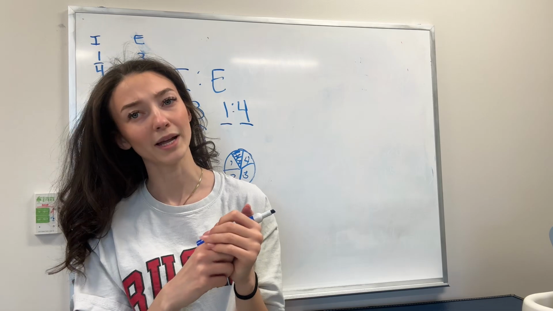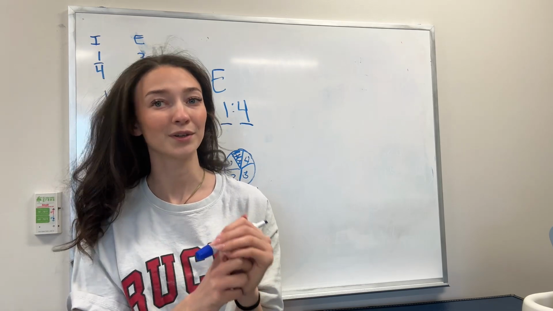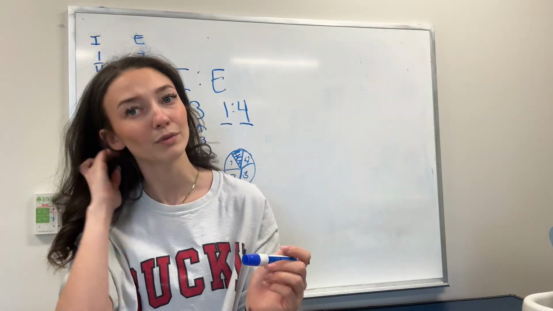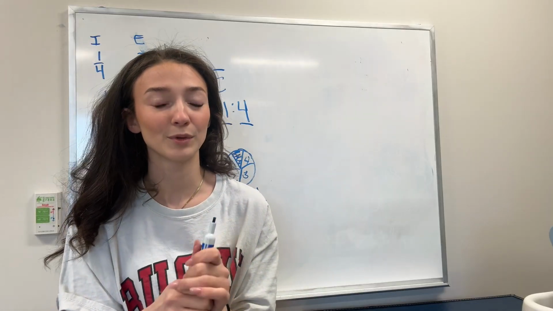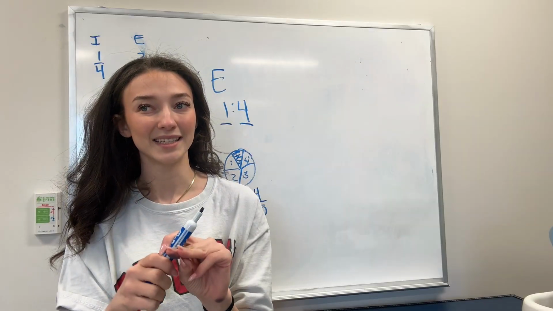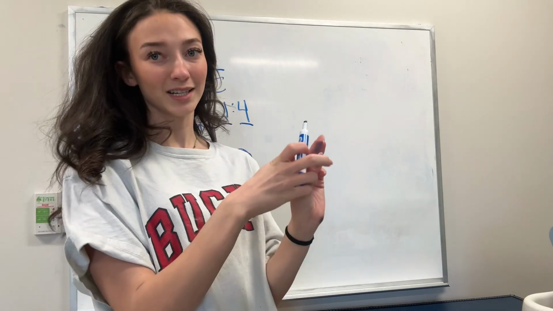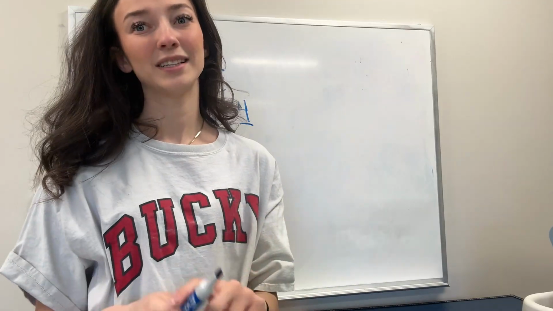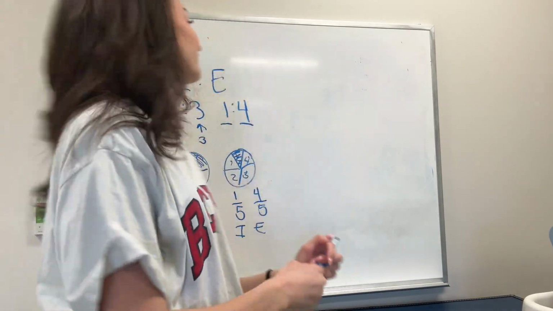A good way to turn your ratio into a fraction, which is what most people are a lot more comfortable using, is to change it to that fraction so it's easier to use for your math.